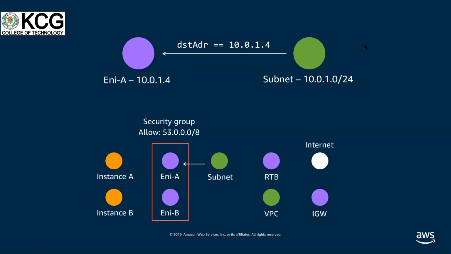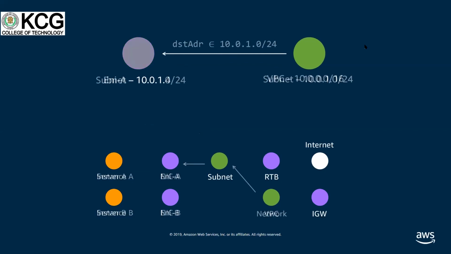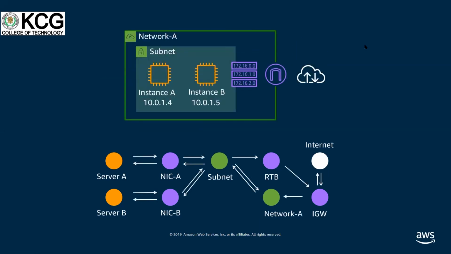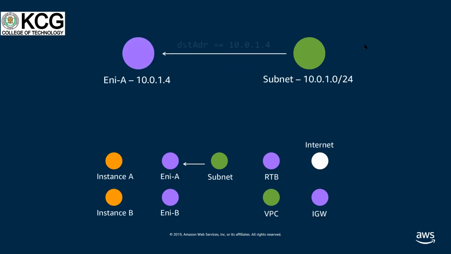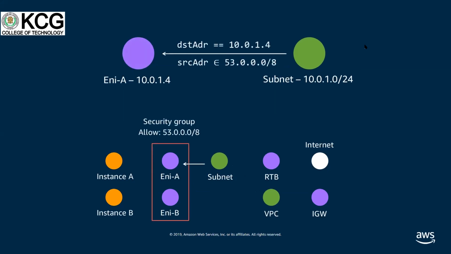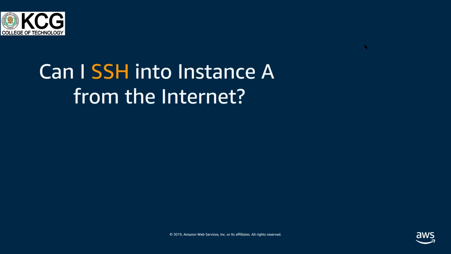So with this, are you able to basically say that, I'm sorry, I kept going backwards. I should have gone forward. Here you go. With all of this established, you can ask the SMT solver, can I SSH into instance A or server A from the internet?